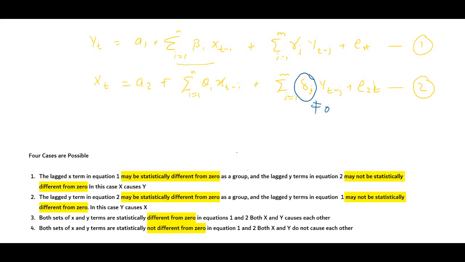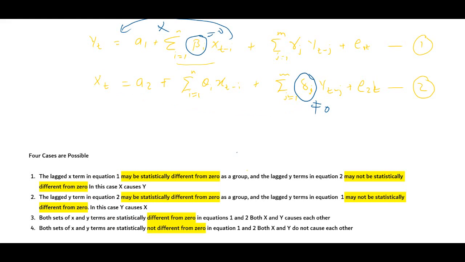See, this may not be statistically different from 0. So what does this mean? If it is equal to 0, then xt has no impact on yt, but yt has impact on xt. In this case, y causes x.